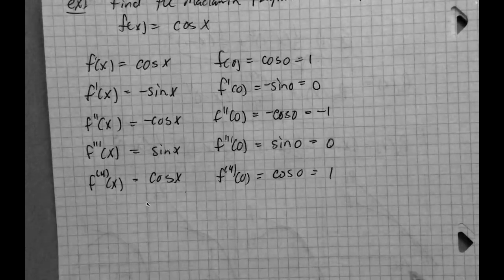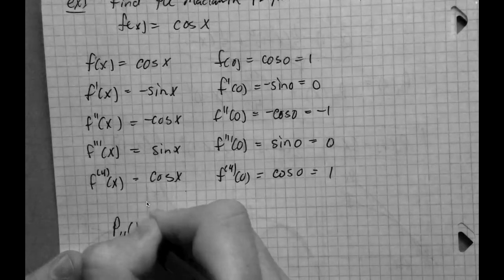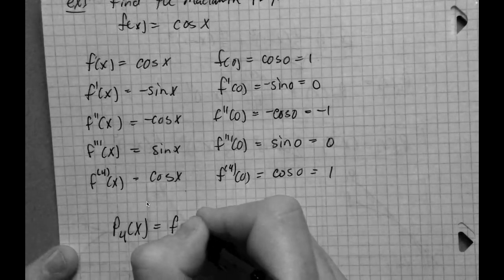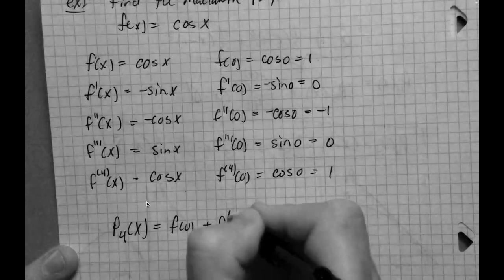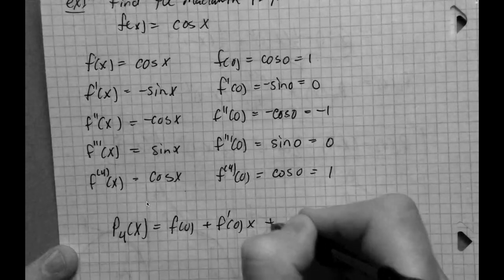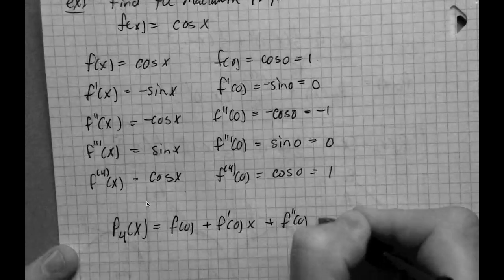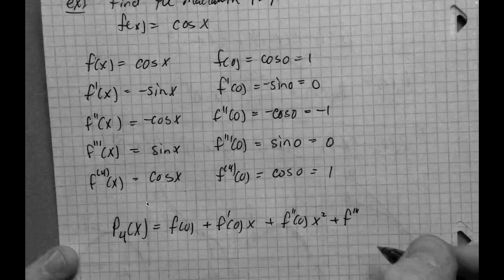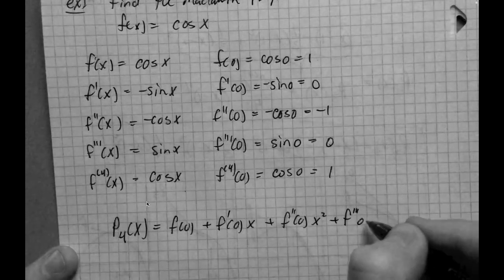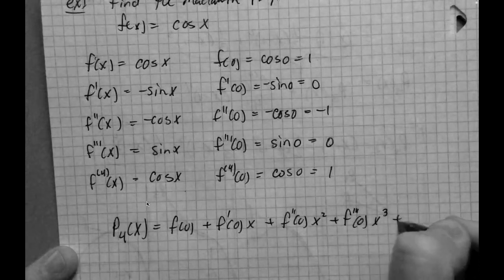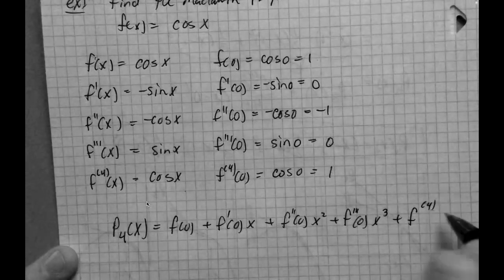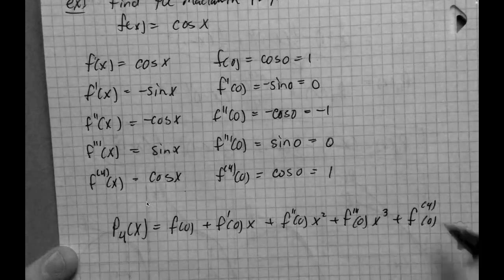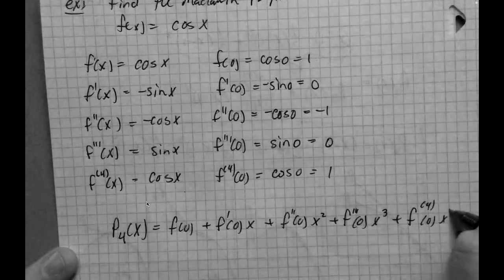Okay. And so P4 of x, remember, is going to be f of 0 plus f prime of 0 times x plus f double prime of 0 times x squared plus f triple prime of 0 times x cubed plus the fourth derivative of f evaluated at 0 times x to the fourth.